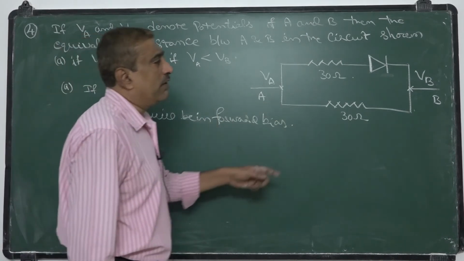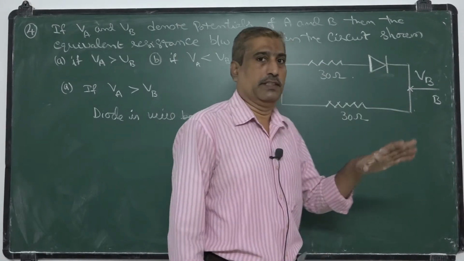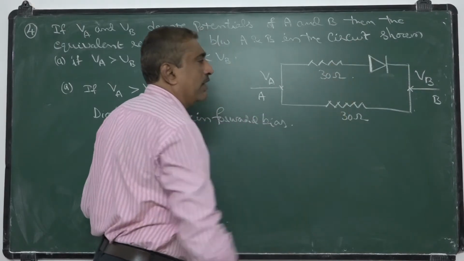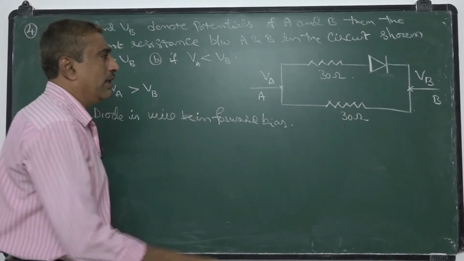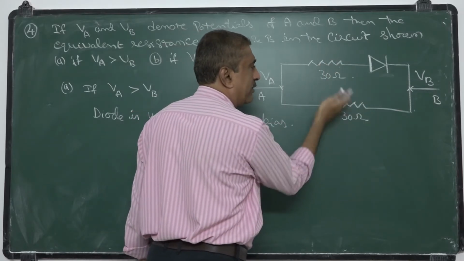In forward bias, the diode offers very small, negligible resistance. So compared to this 30 ohm, we can neglect this forward resistance. Now 30 ohm is connected in parallel to another 30 ohm.